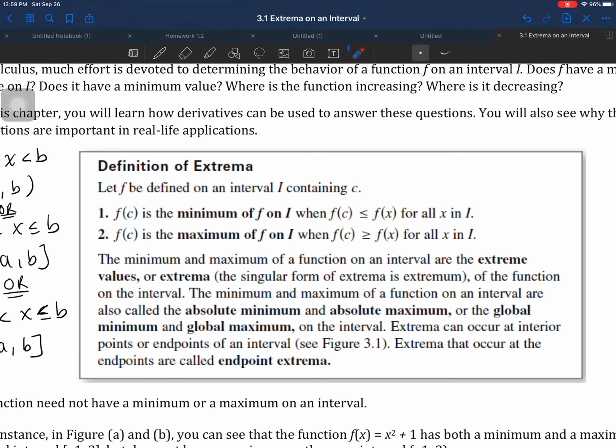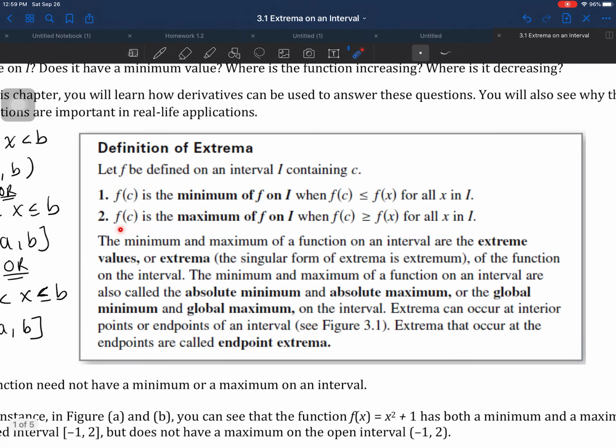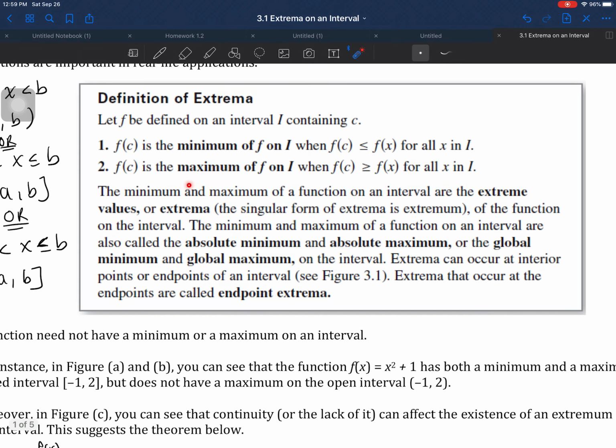In a similar way, we can argue the same thing for maximum. f of c is the maximum value of f on the interval I when f of c is greater than or equal to the function value for all the values of x in I. So every value for x in I will always be smaller or equal to f of c. That means f of c is the maximum of all.